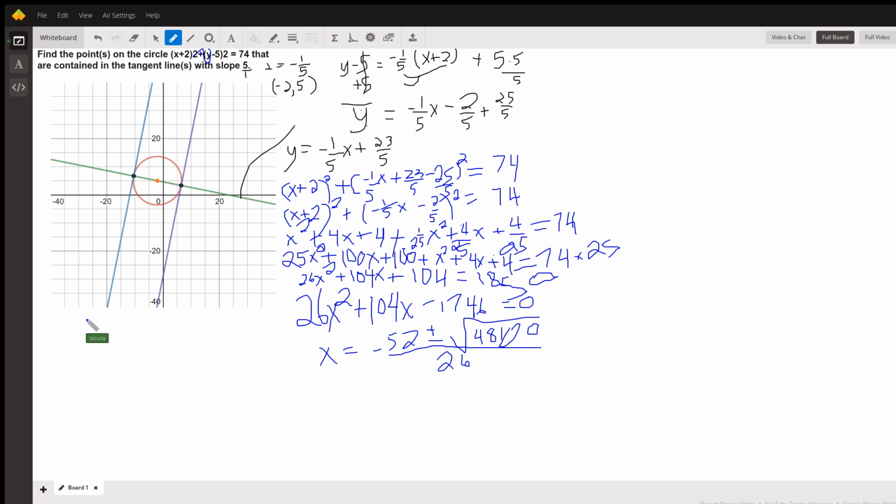And in the end, one of those x's is approximately 6.435. And the other x is approximately negative 10.435.